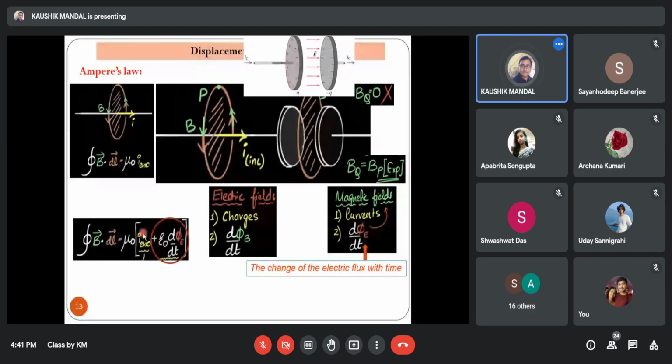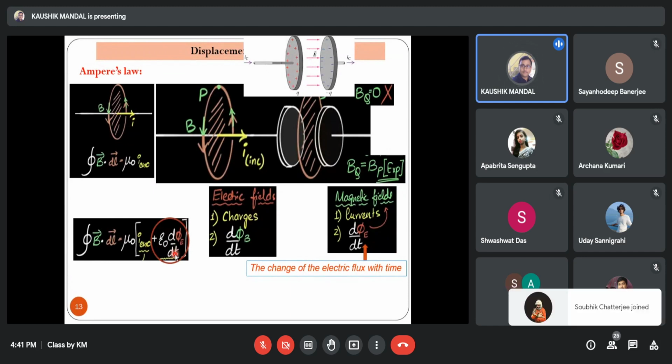Now Maxwell included this particular term, which is due to the change in electric flux with respect to time, d phi e by dt. As there is a change in electric flux with respect to time, that will induce the magnetic field.